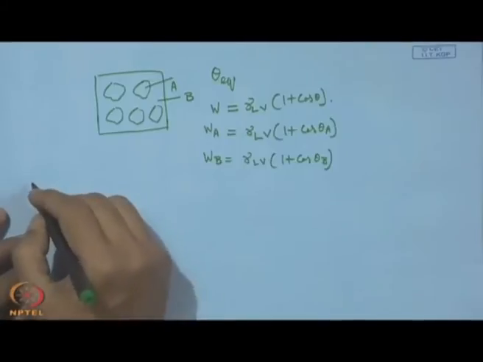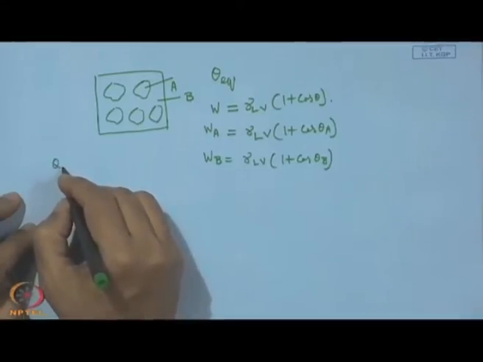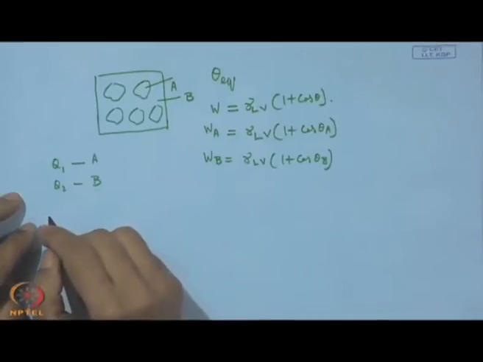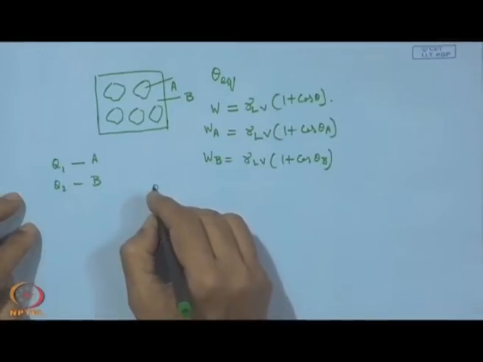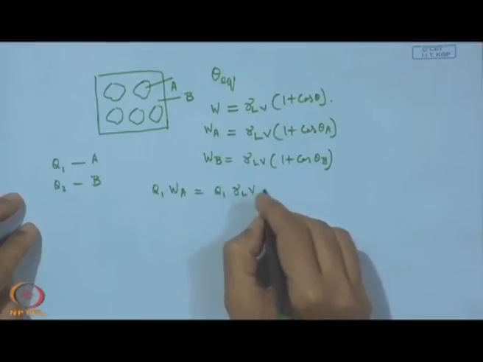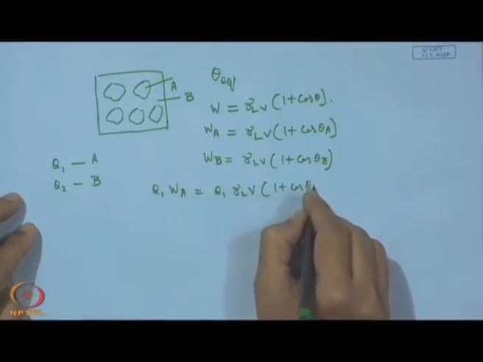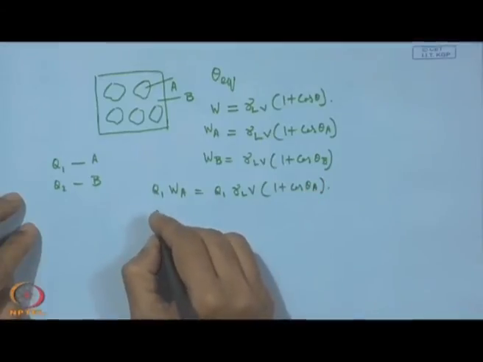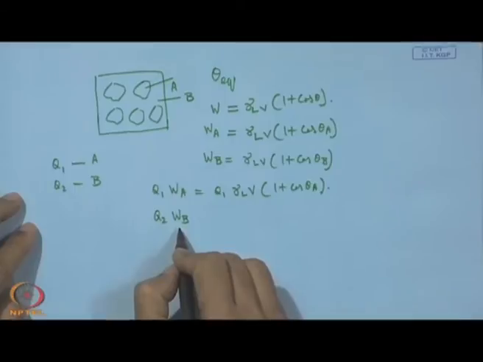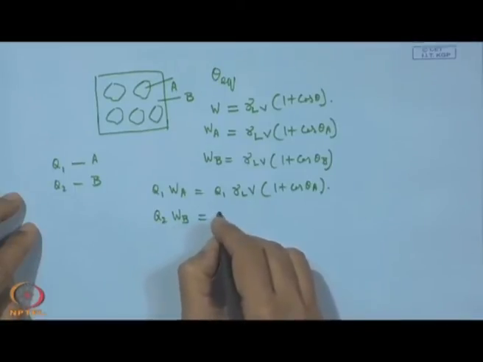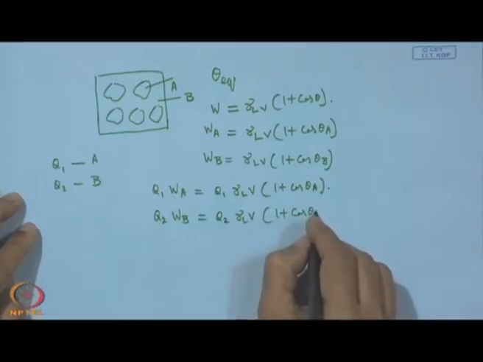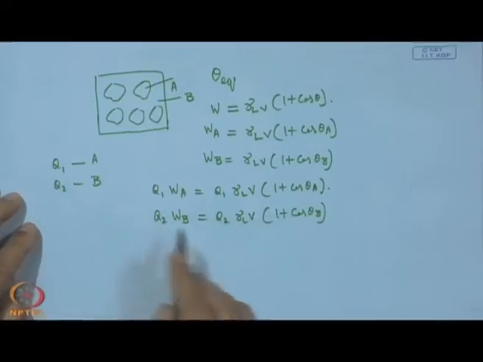Now, let us consider that over this unit area Q1 fraction is occupied by A and Q2 fraction is occupied by B. So, in that case we can write Q1 W A, that gives us Q1 gamma L V into 1 plus cos theta A, and Q2 W B, that means the work of adhesion for A and the work of adhesion for B. So, this will be equal to gamma L V into 1 plus cos theta B. So, it is now apportionment by Q1 part and Q2 part.